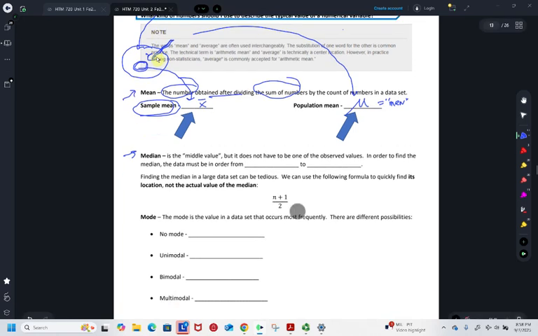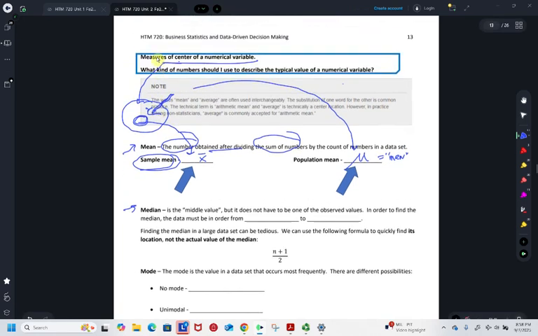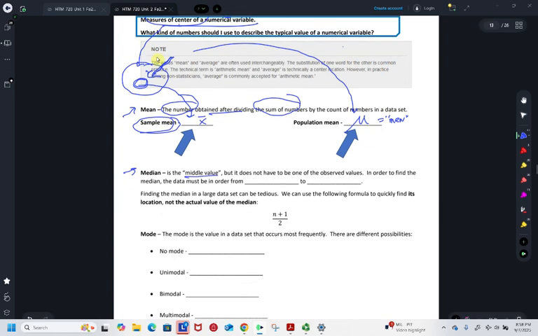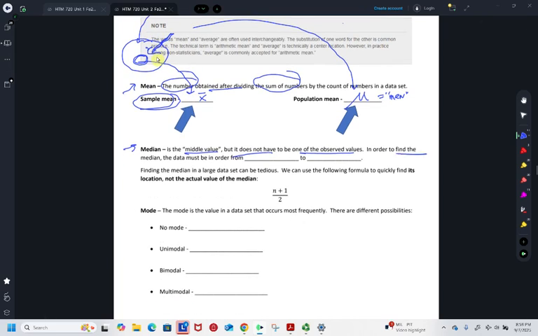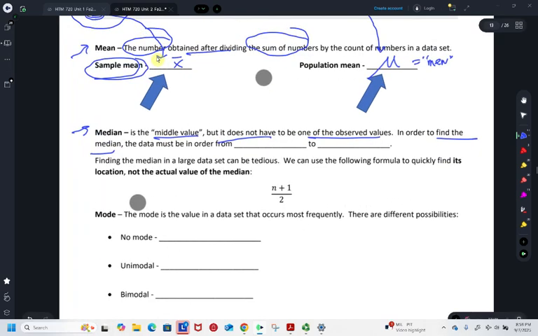Next you have the median. The median is another measure of center of a numerical variable. It is the middle value, but it does not necessarily have to be one of the actual values that you collected. In order to find the median, the first step is to order the data values from the smallest value to the largest value.